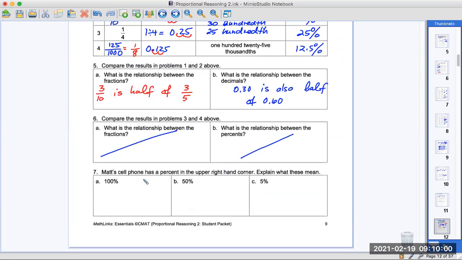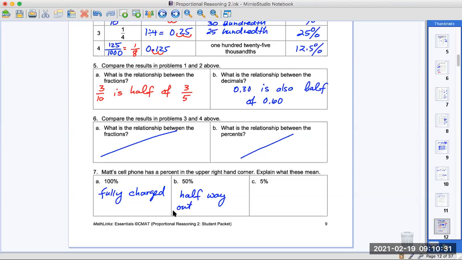Number 7, Matt's cell phone has a percent in the upper right-hand corner. Explain what these mean. If the phone says 100%, it's fully charged, right? Now my pen fully charged. 50%, what do you think? It's halfway out of battery.